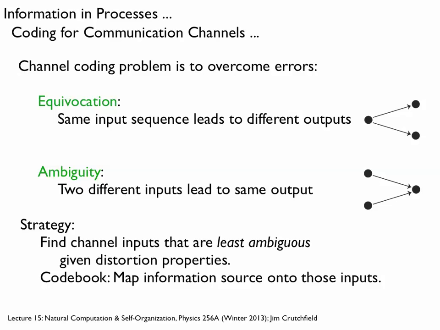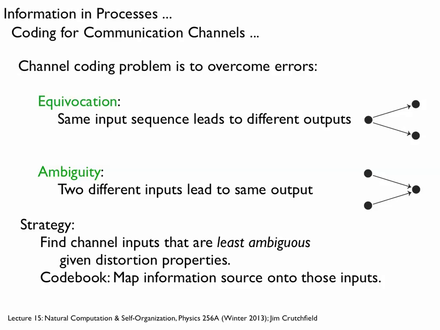So there are two problems. Just imagine a channel, an input-output device. There are two kinds of errors, roughly speaking. One is called equivocation, where the same input up here leads to two outputs. And ambiguity, where two different inputs to the channel lead to the same noisy code word coming out. So we have to overcome those things. The idea is to design the code book, do an encoding that lets us compensate for these so that downstream the decoder and the receiver can reconstruct the original message.